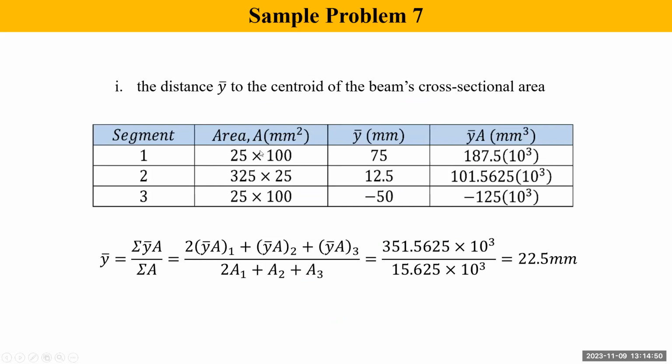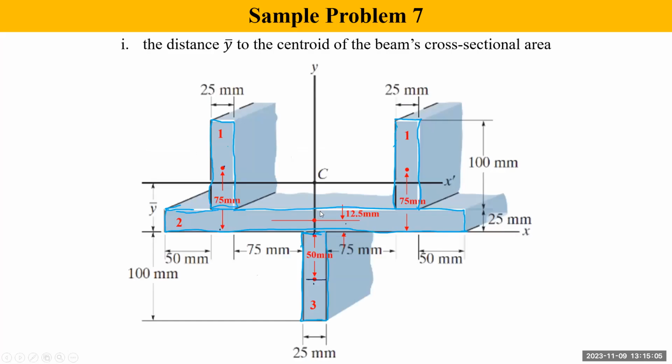All right, for this one we work out the area, which you would have worked out. For the first segment it was 75, the second one was 12.5, and the last one is minus 50. Let me show you where you get that minus 50 from. Remember I told you this was the y-axis, but this is below, the negative side of the y-axis.